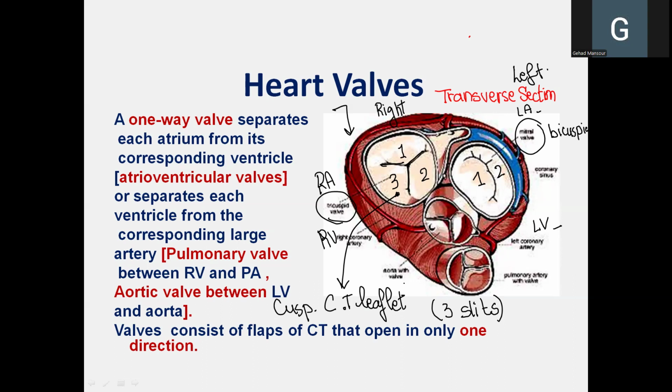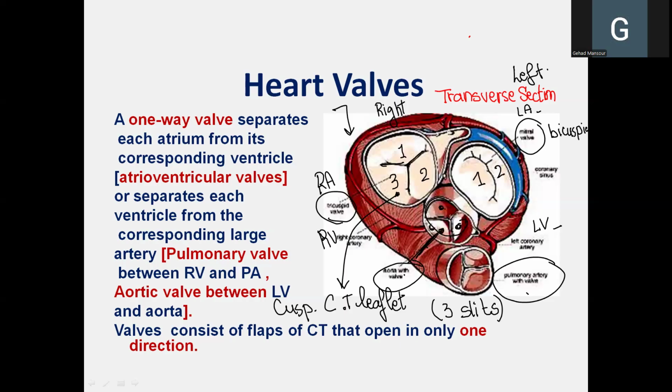And then we have the aortic valve, that one, and the pulmonary valve. You can see that the two valves, the aortic valve and the pulmonary valve, are not made of leaflets. They are made of three pocket-like structures.